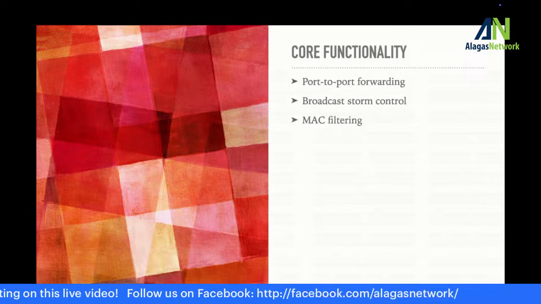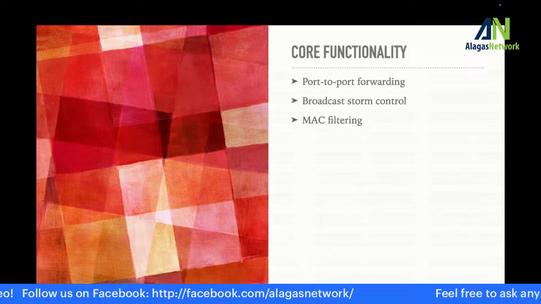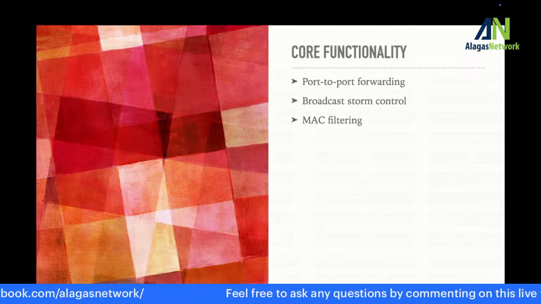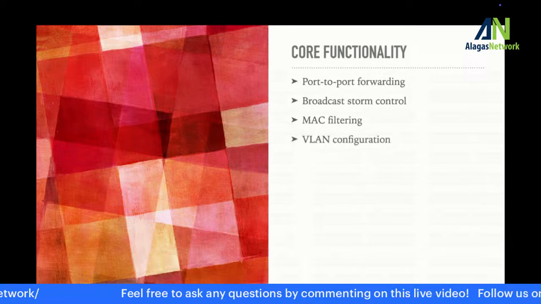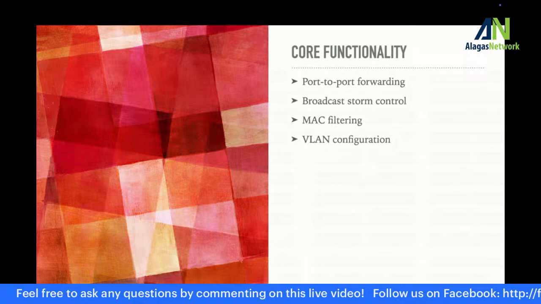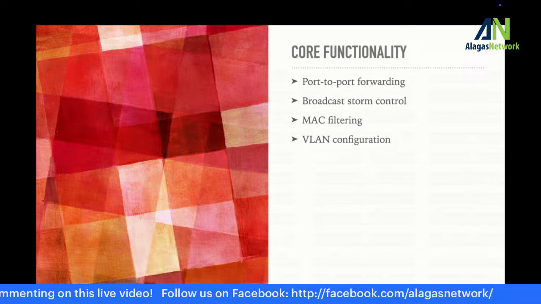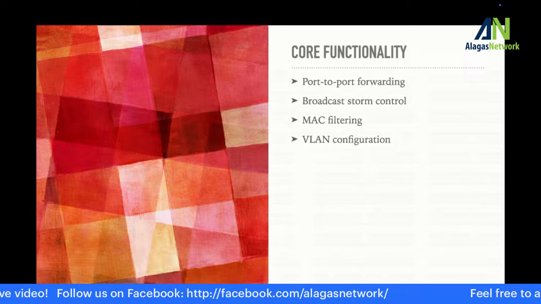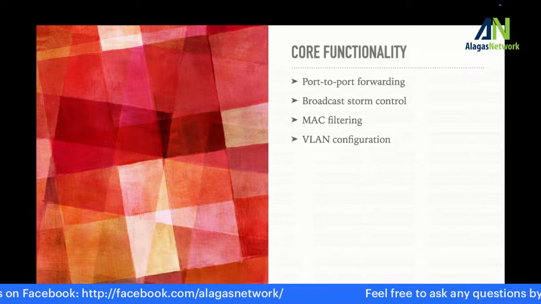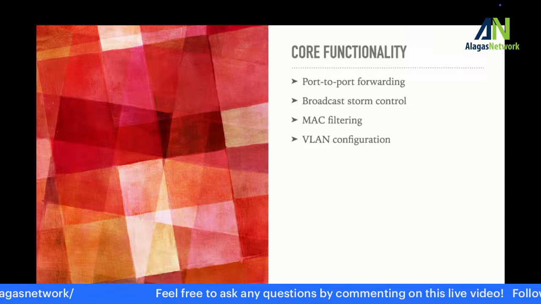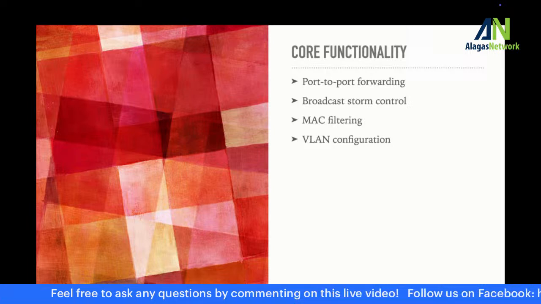It also can do MAC filtering, so you can filter the MAC address of each port. A VLAN configuration, of course, this is a must for every managed switch. If a vendor calls their product a managed switch but doesn't support VLAN configuration, then you will just throw it away, or just use it as a dumb switch.